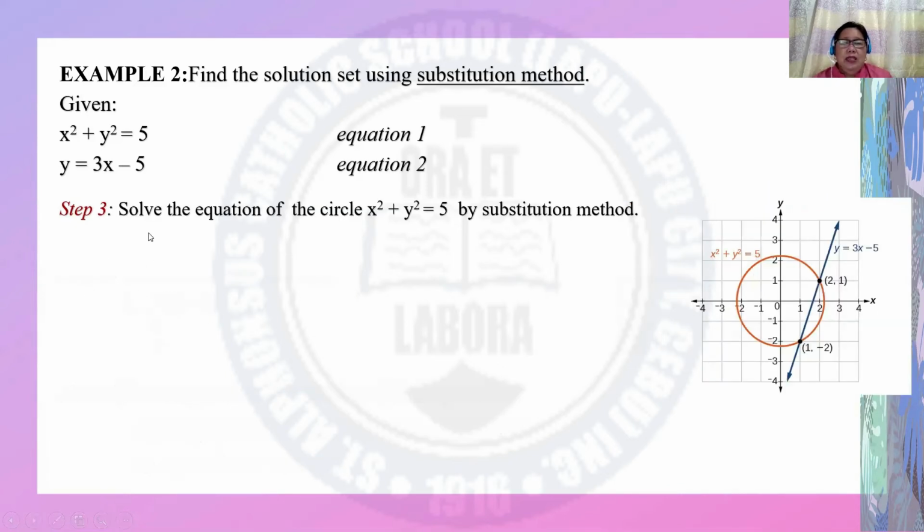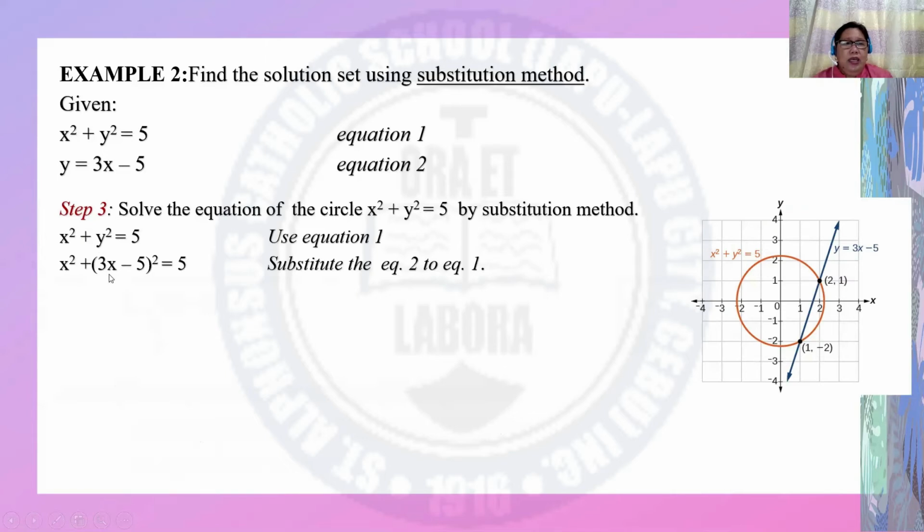For step 3, solve the equation of the circle x squared plus y squared equals 5 by substitution method. So using equation 1, we are going to change y into 3x minus 5. This is the algebraic value of y.